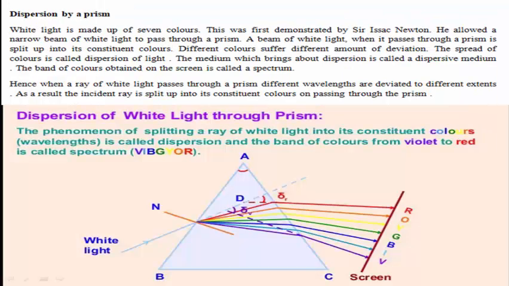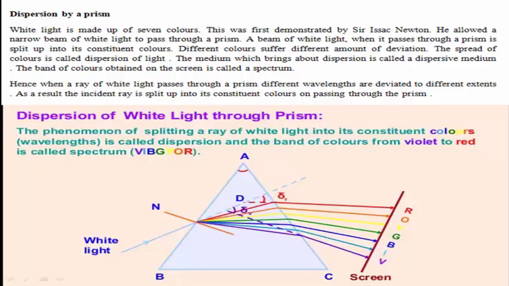Dispersion by a prism. White light is made up of 7 colors. This was first demonstrated by Sir Isaac Newton. He allowed a narrow beam of white light to pass through a prism.